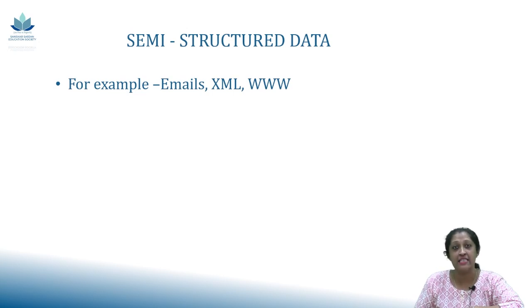For example, sender name, email ID and time are mentioned in a proper format, but the content could be structured or unstructured. That means the content could be numbers, text, audio and video. Another example is XML, where we use semi-structured data. In the case of the World Wide Web, some of the data is structured and some of the data is unstructured.